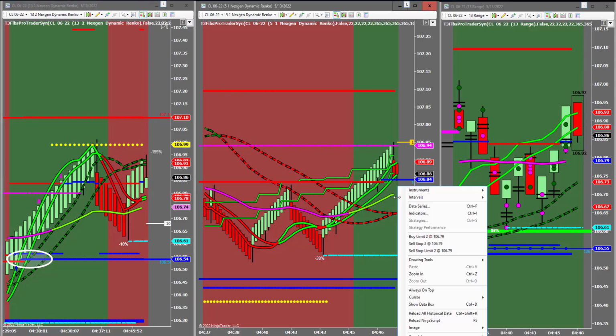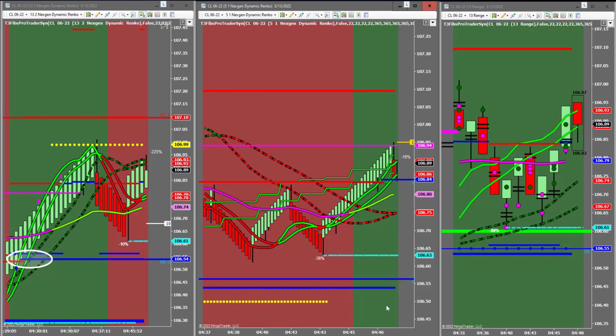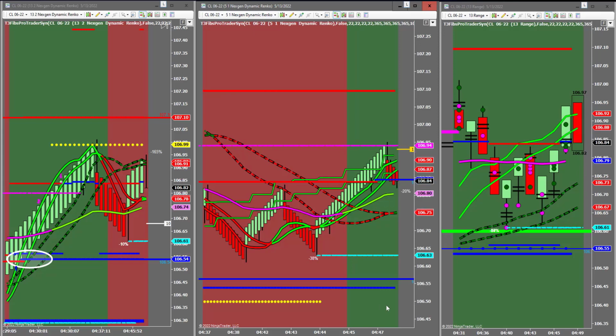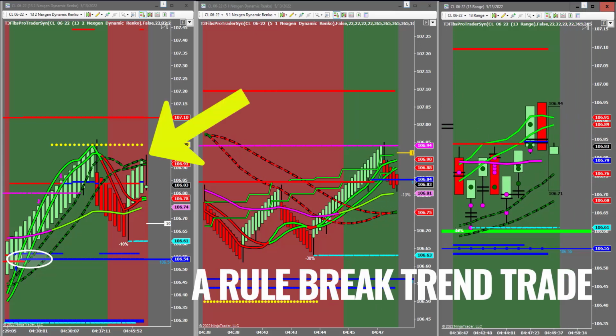And again, it's tempting to do some type of long trade in here thinking that it's going to keep going, and you'll see, again, if I was going to do a trend trade long here, which is what we were just talking about, the rules would be broken.